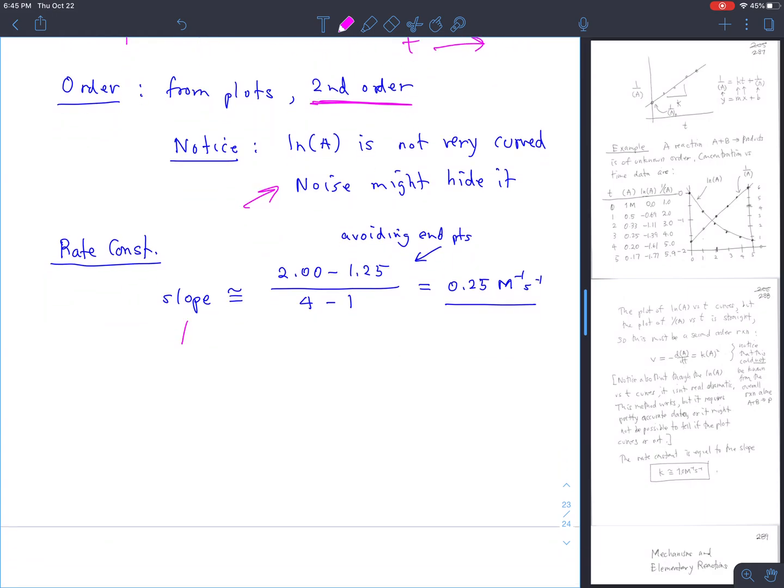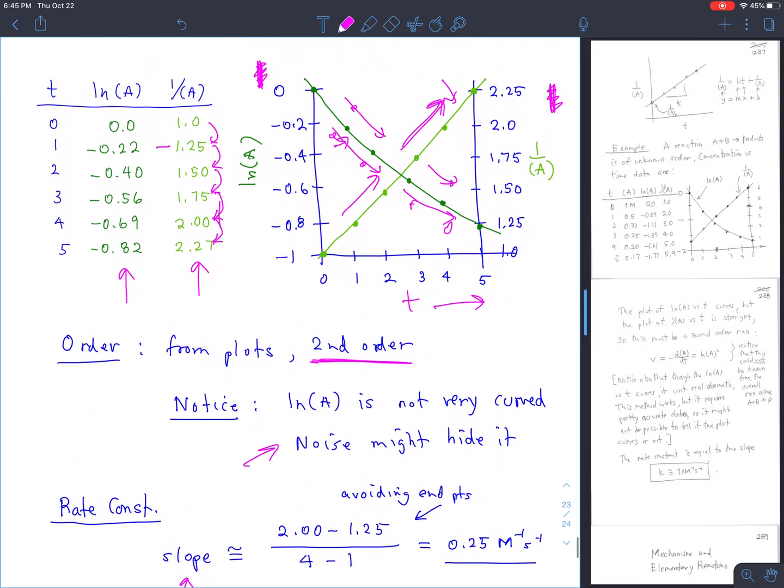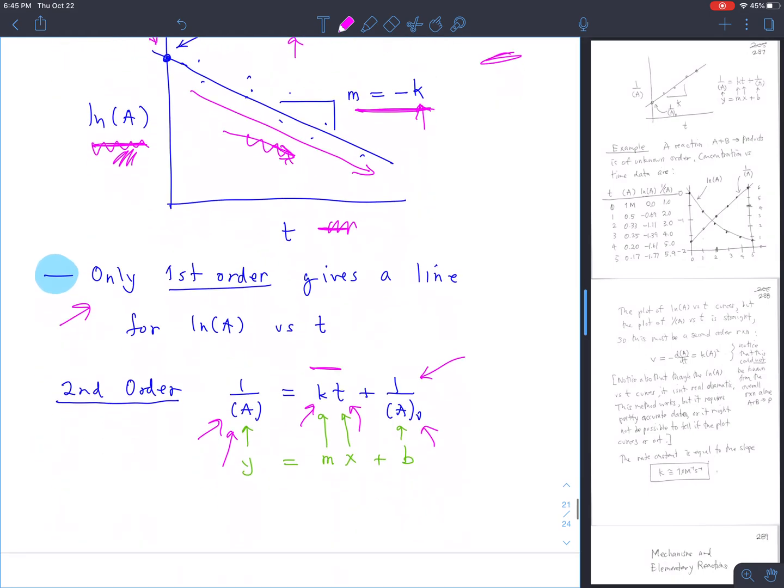What's the rate constant? Well, since it's second order, we just need to take the slope. I take the slope starting from this point, going to this point, and since this is perfect data, I don't have to take a least squares fit or anything like that. If it were real data, we should take a least squares fit or something like that, but let's not bother with that now.